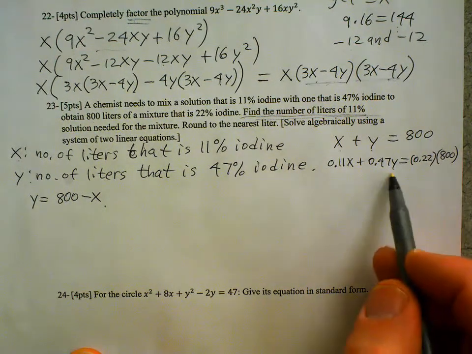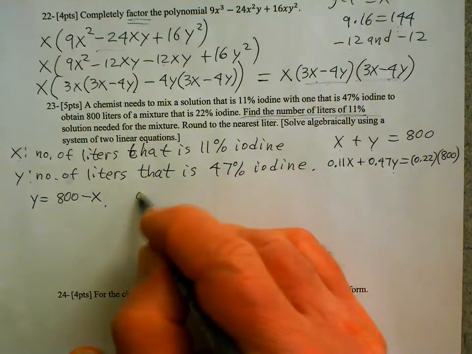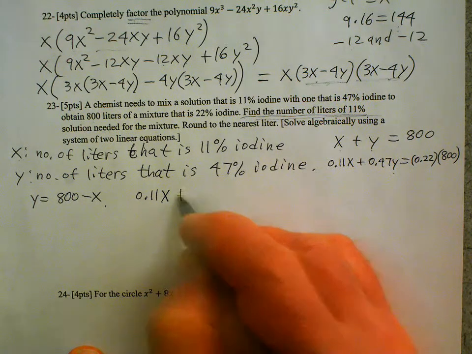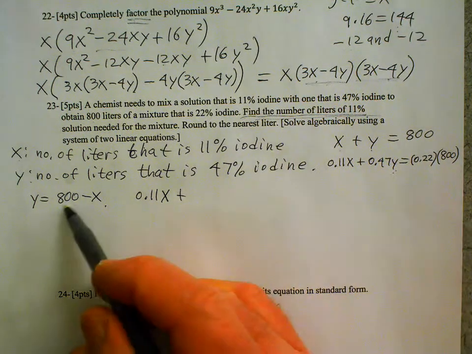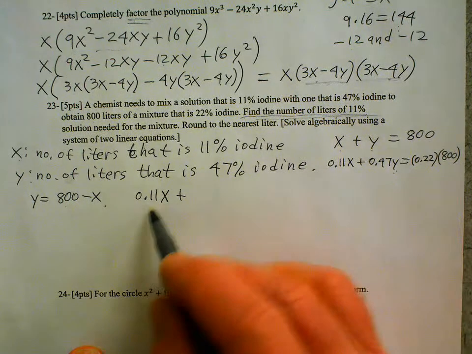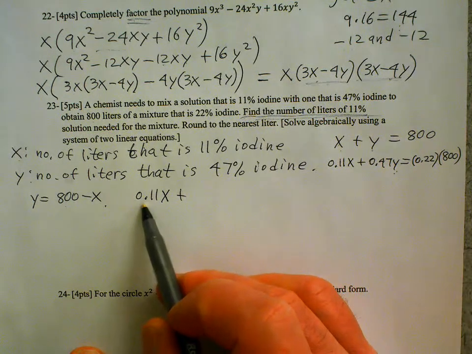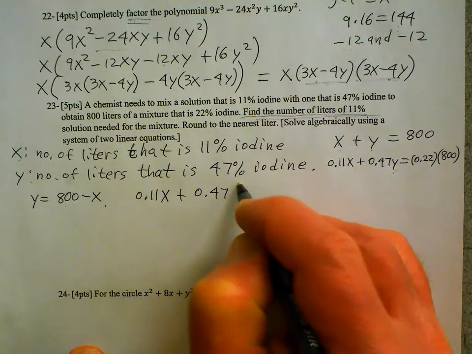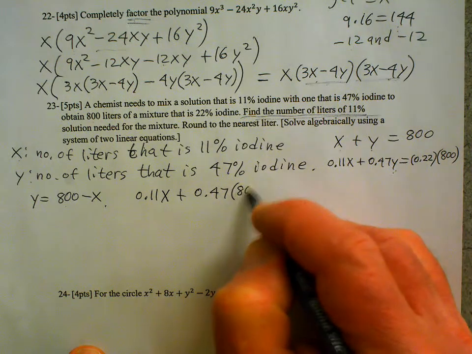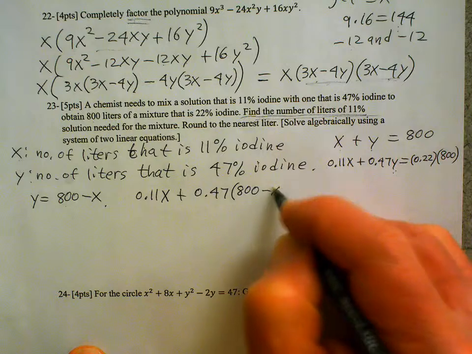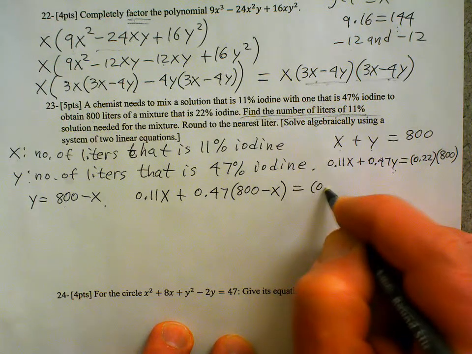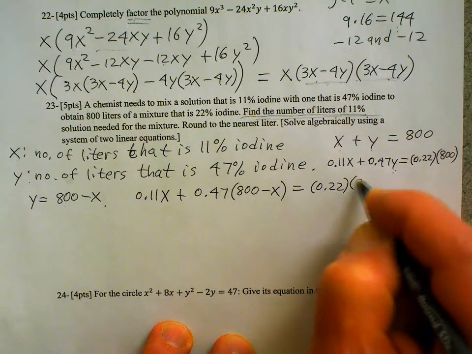Then in the other equation, replace y with 800 minus x. So when we do that, we get 0.11x plus 0.47 times 800 minus x equals 0.22 times 800.